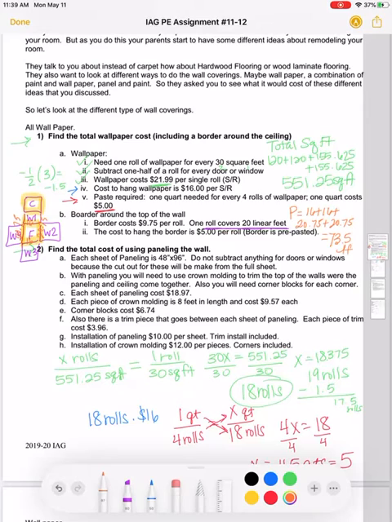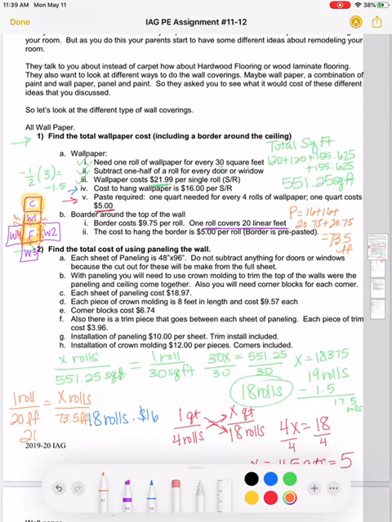73.5 linear feet. And then it says that I need 1 roll only covers 20. So 1 roll is 20 linear feet. I need X rolls for 73.5 linear feet.